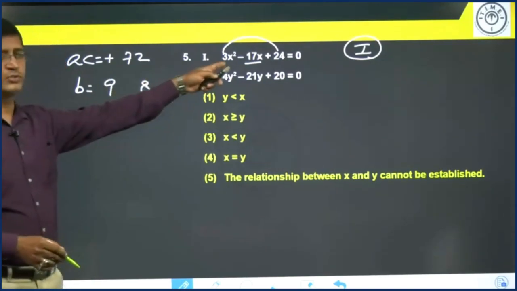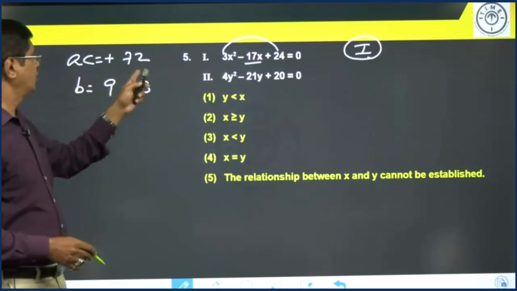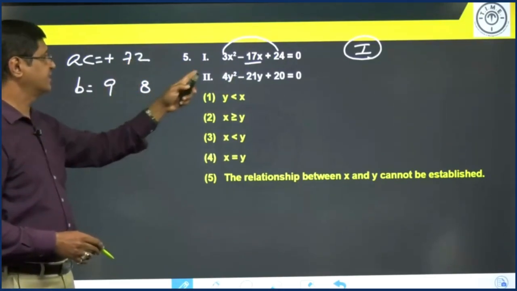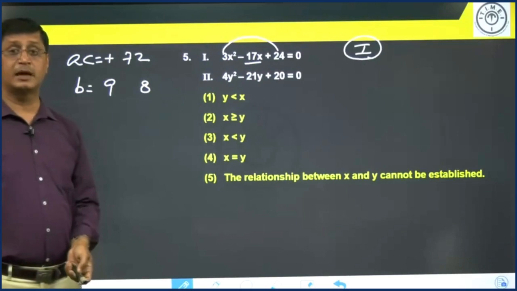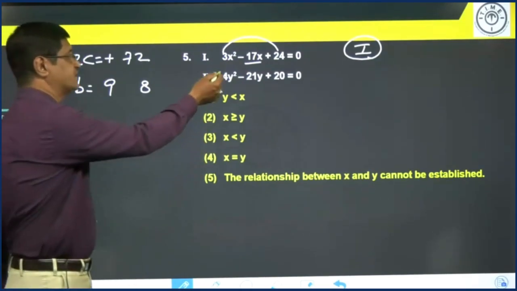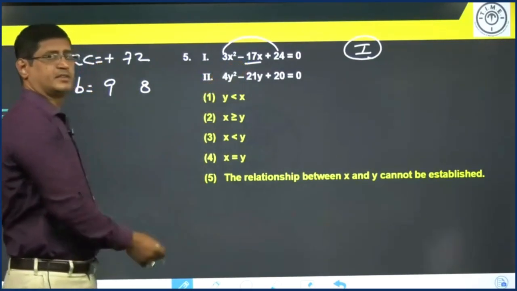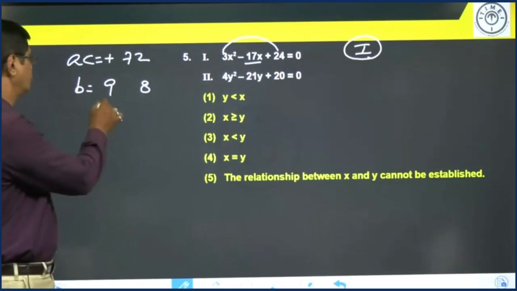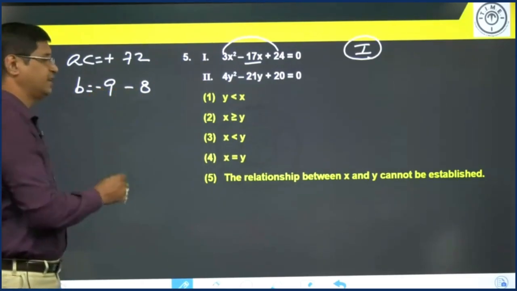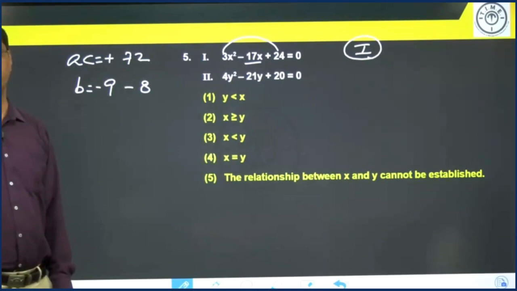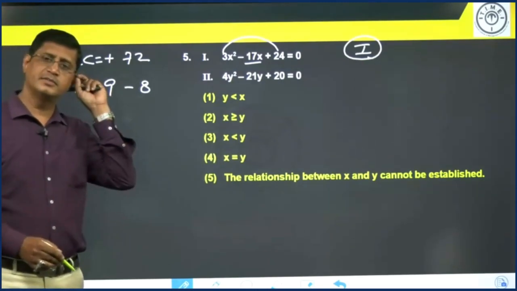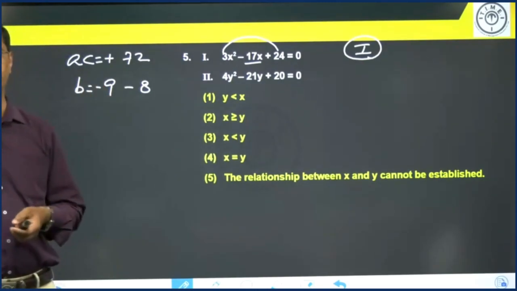In that, the satisfying possibility is 8 into 9, 72. 8 plus 9 is 17. The sign of the B term is negative, so minus 9 and minus 8 are the factors. The sum of these two is minus 17.